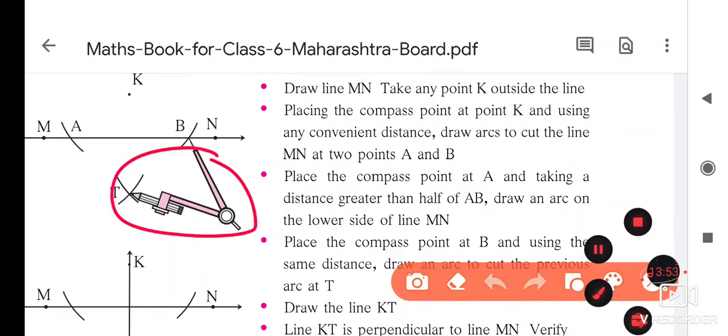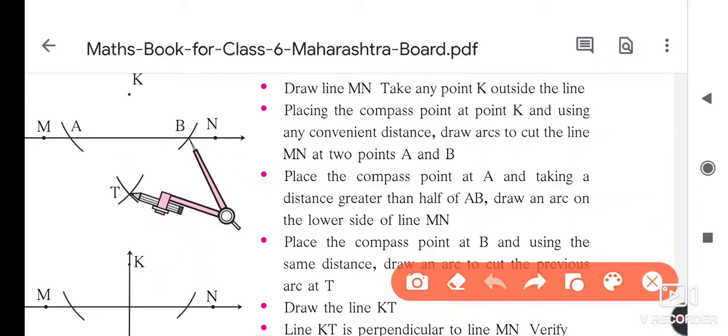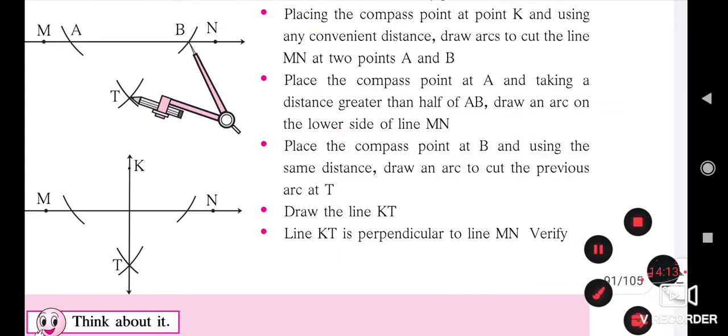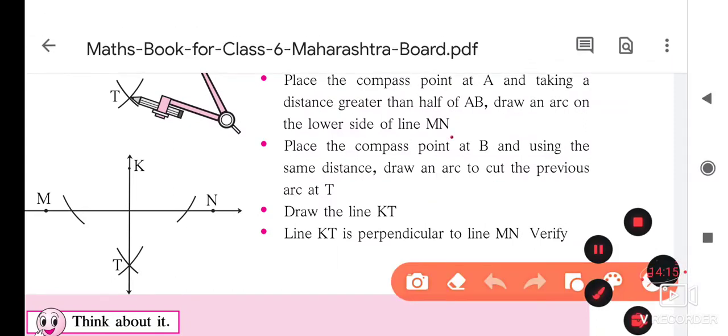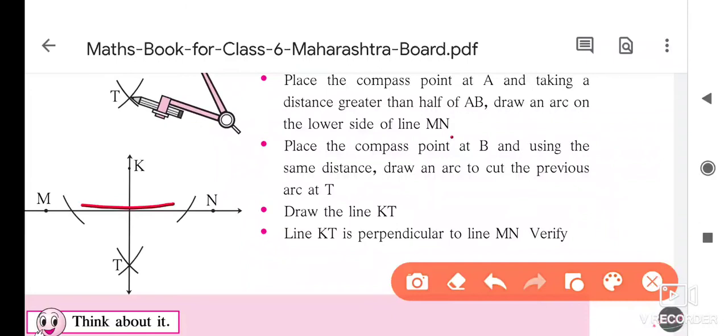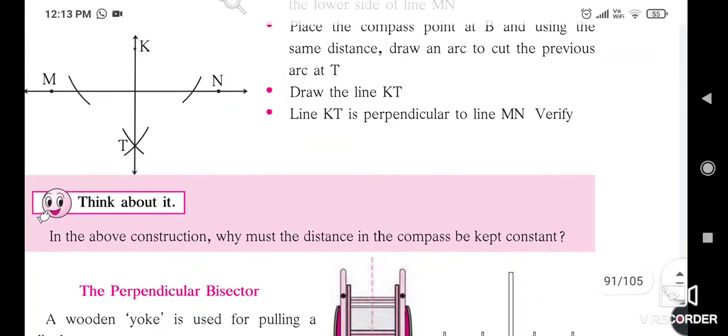A convenient distance means the distance must cross the line MN, that much distance we have to take in the compass. Then cut the line MN at points A and B. Now place the compass at A, taking a distance greater than half of AB, and draw arcs which intersect each other below the line. Now join KT, and we get KT perpendicular on MN.